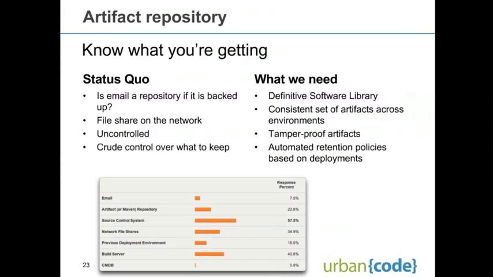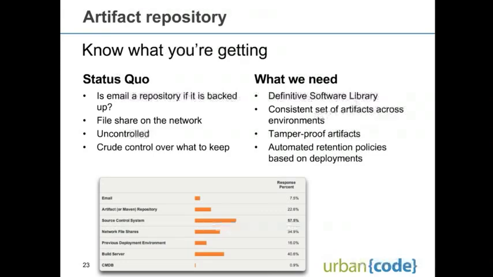Right. So we want to be a little bit more sophisticated than that Dropbox file system approach, where development drops the latest binary out into some folder and emails operations and says, deploy whatever's in the magic box. And Ops says, okay, I guess development likes that, so I'll go grab that. What we really want, in ITIL terms, for those of you who are familiar with that, is a definitive software library, a definitive media library.